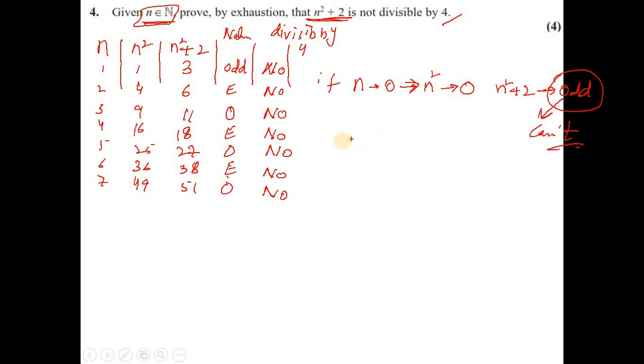But if n is an even number, that implies that n square is also an even number. Like 2 square is 4, 4 square is 16, 6 square is 36, and the square of every even number is divisible by 4.